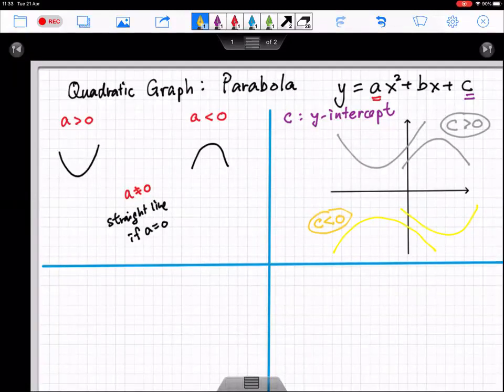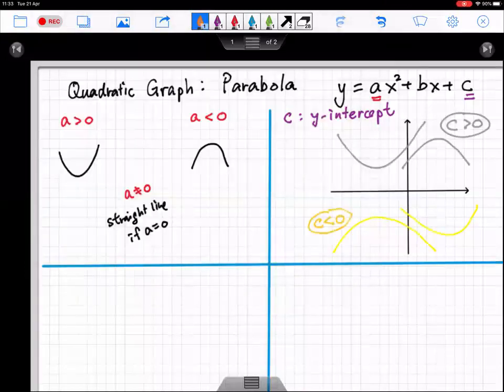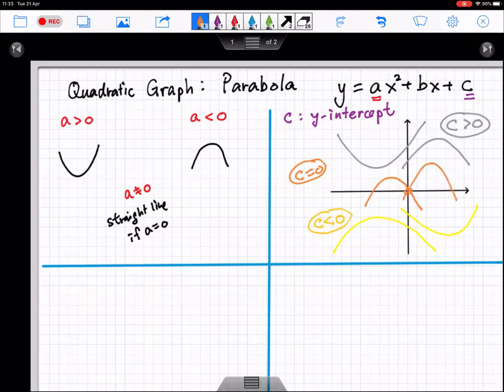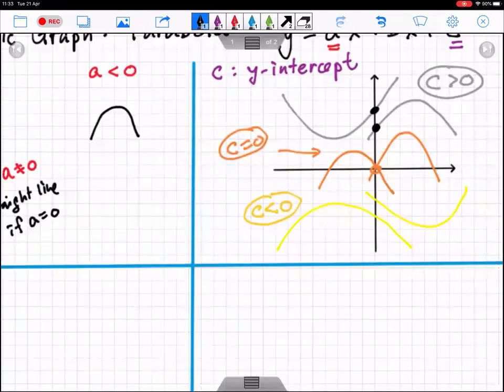And then c can be zero. It is possible we have a zero c. When c equals zero, we have graphs like this that cut the origin. All right, for those graphs, we have c equals zero. All right, so these are the y-intercepts. If c is greater than zero, we have the y-intercept on the positive y-axis.